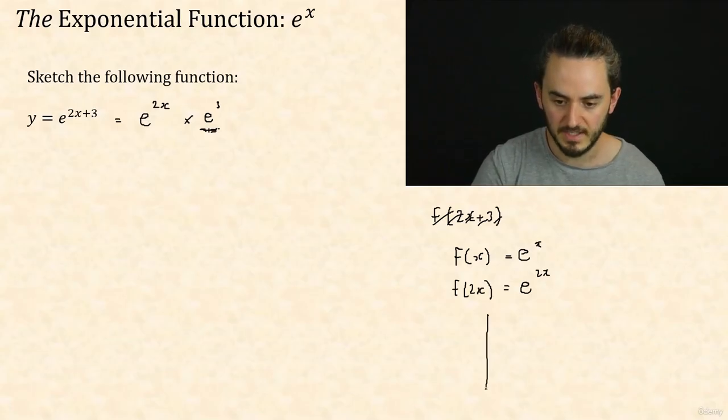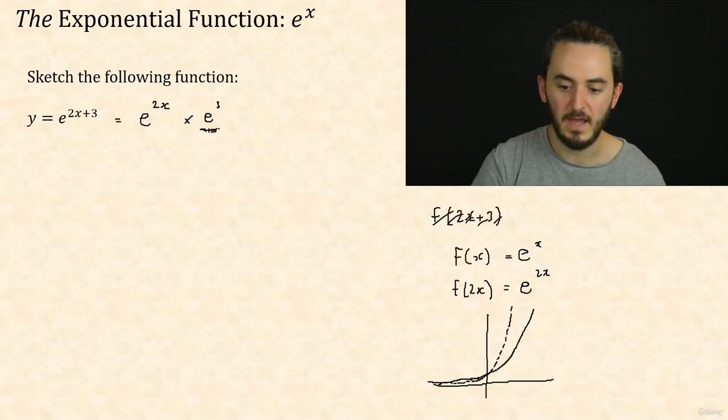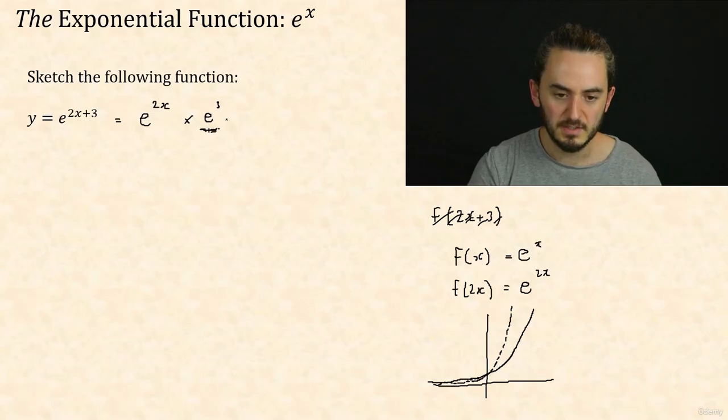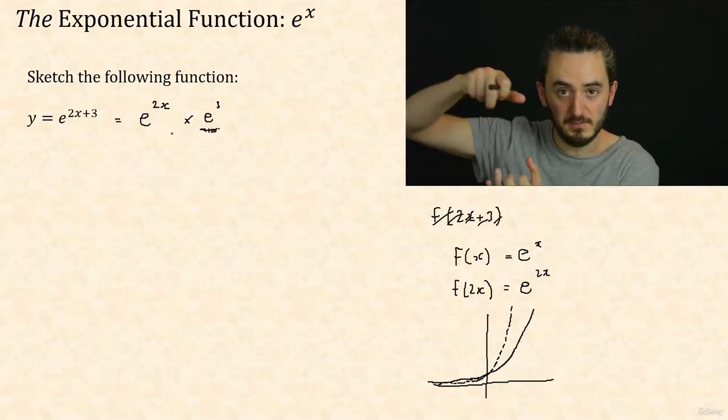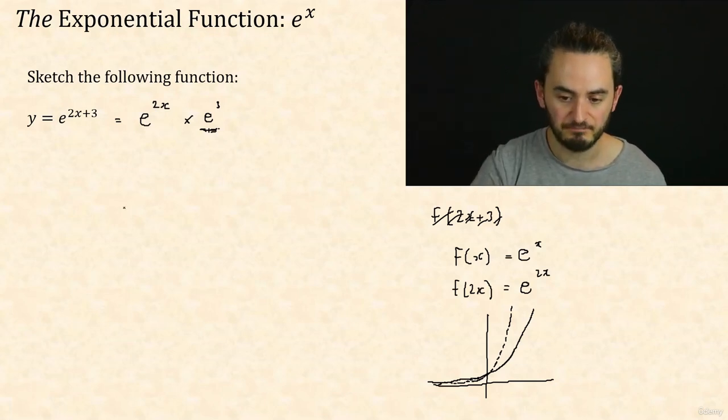So rough sketch here, normal e to the x, as we keep seeing, looks kind of like this, and if it's e to the 2x, it's just squishing it in, so it just looks a little bit more bunched in like that, twice as close to the y-axis. So all we need to do then is multiply it by 20, which has the effect of just stretching it out by a factor of 20 that way.